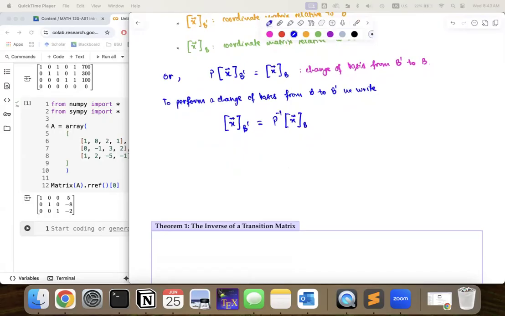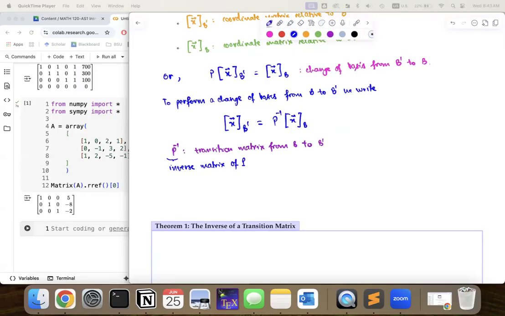So in this case, P inverse is the transition matrix from B to B prime. And of course, this is the inverse matrix of P. So you have to be careful about what basis you're working with, and therefore you carry the name.